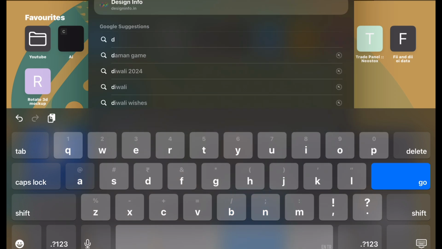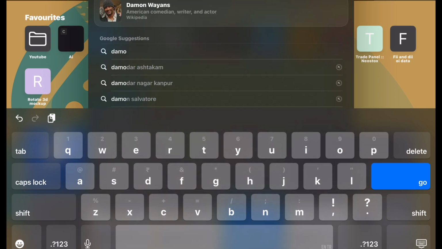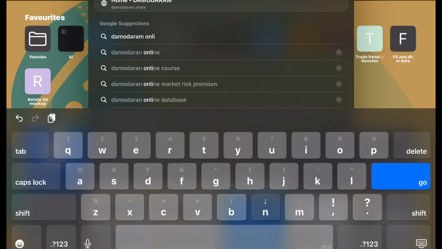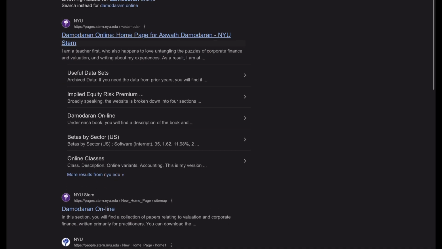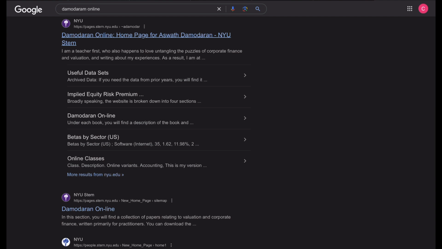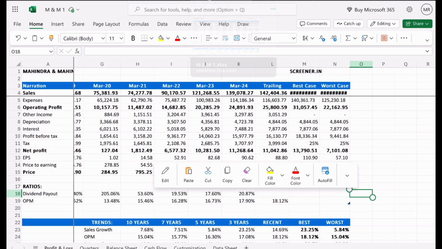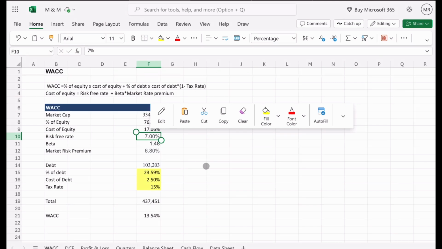The website I referred to is Damodaran Online. He's an NYU Stern professor. You can go through his website and get all the assumptions data. So I've taken all of that.